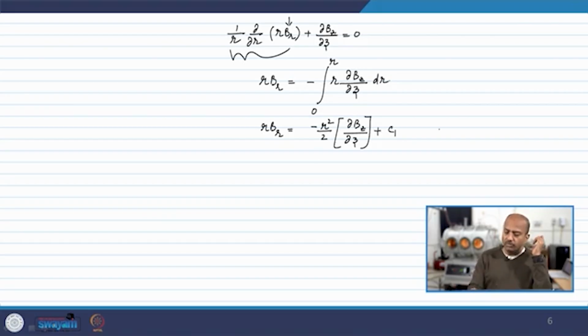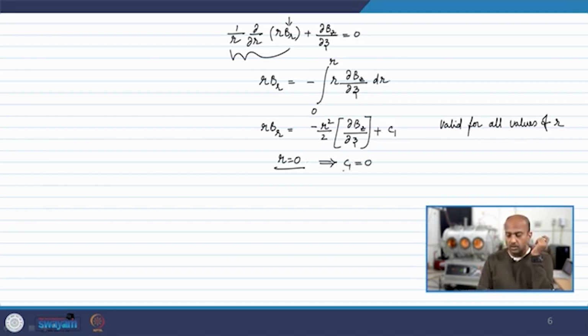So, this is valid for all values of r, obviously, right. So, let us say we take r equals 0. Is this valid? When r equals 0, everything becomes 0, but the constant C1 survives. So, how do you get this? This is very trivial. We never discuss these sort of things, but if you are still wondering, if I substitute r equals 0, I will get 0 equals 0 plus C1, which means C1 is 0.